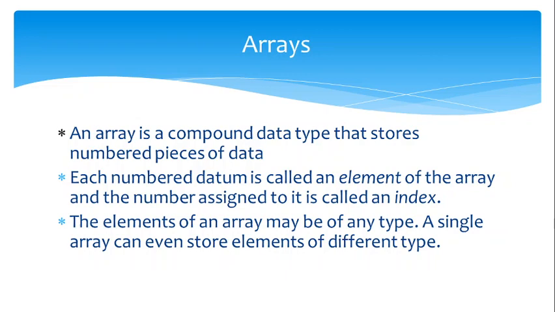Each numbered datum is called an element of the array, and the number assigned to it is called an index. I will show the example, then you will easily understand that.